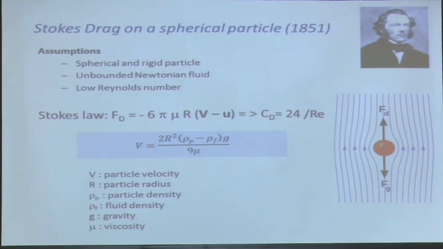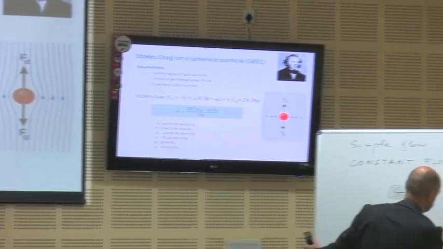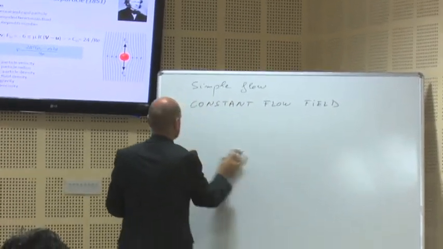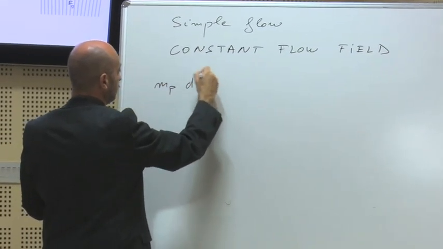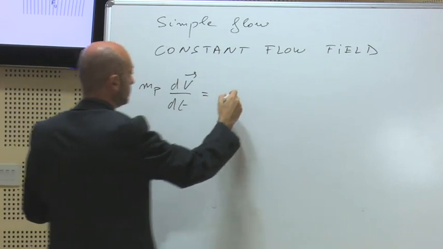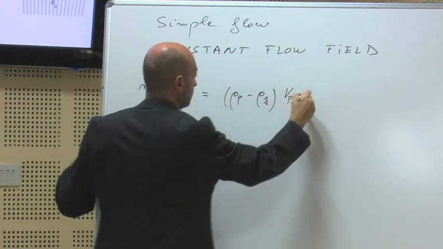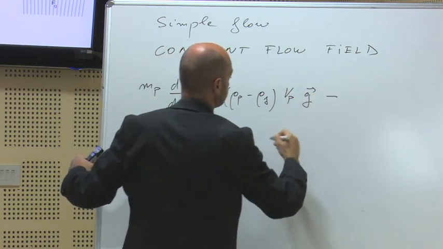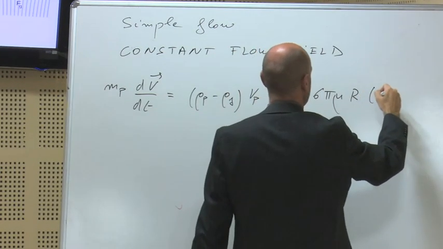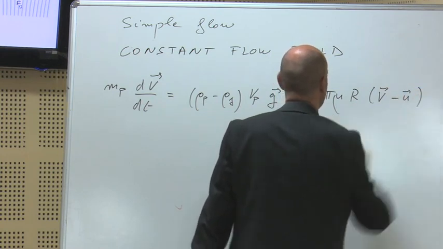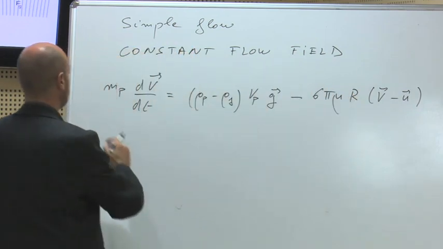So you have the Stokes drag. So for now we have the force m_p dv/dt, and we have two forces: (rho_p minus rho_f) V_p g minus 6 pi mu r, and then we have v minus u. Okay, so we are going to assume that u is equal to 0.